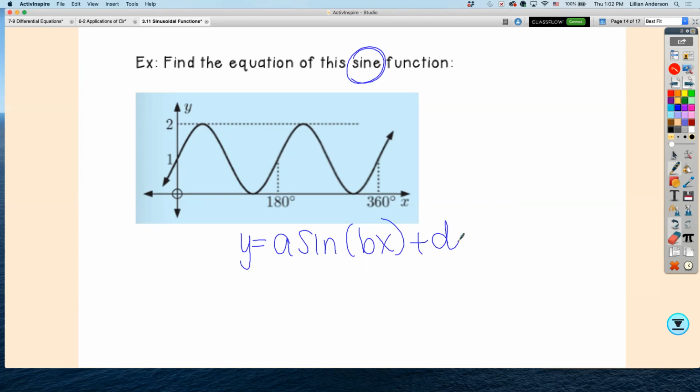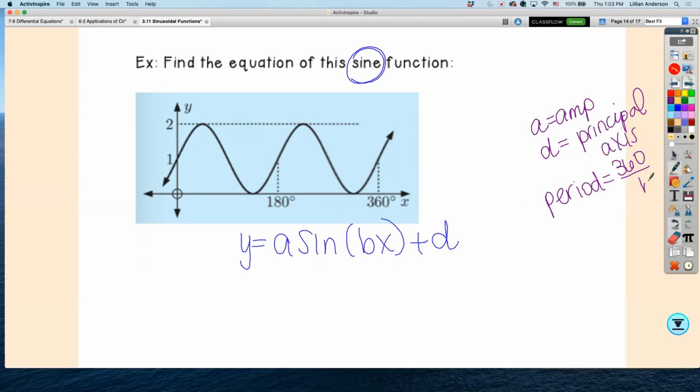Now recall what each piece represents. What does A represent? Very good. D represents your what? Very good. And then B, it corresponds to the period. What's the formula for the period? Very good. It's good to know that because you'll need to decipher all of that here.